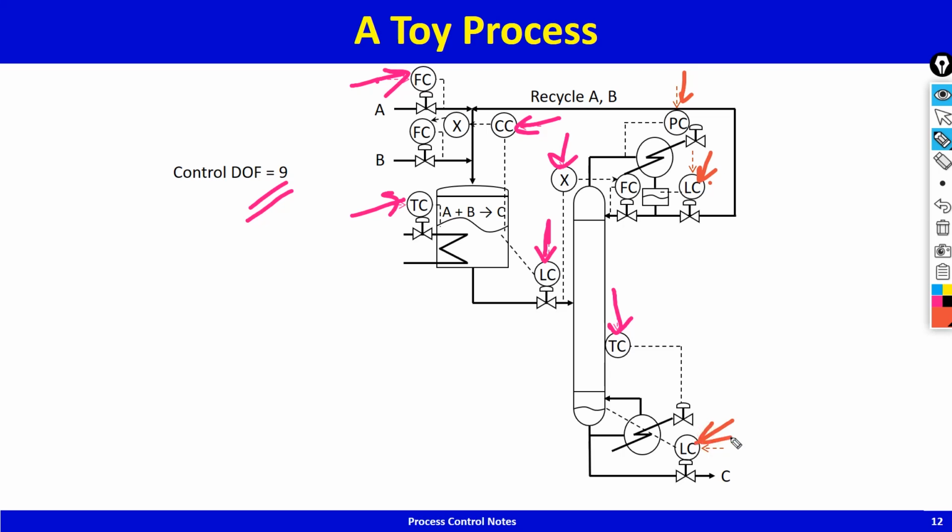See, the brown ones, the levels have no effect on the steady state, and the pressure set point I am not free to change. So these magenta set points, or the pink set points, correspond to the steady state degrees of freedom. The brown set points correspond to the dynamic degrees of freedom, or fixed things that we are not free to change.